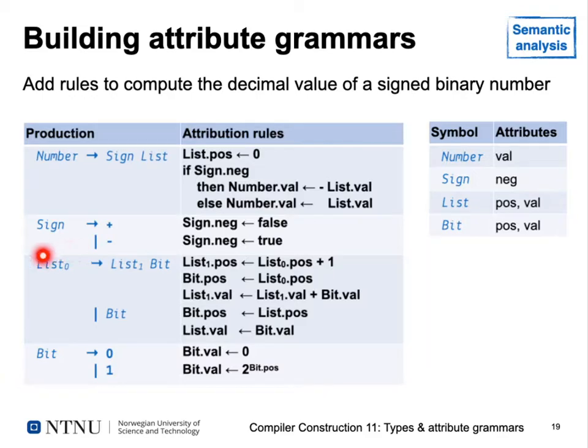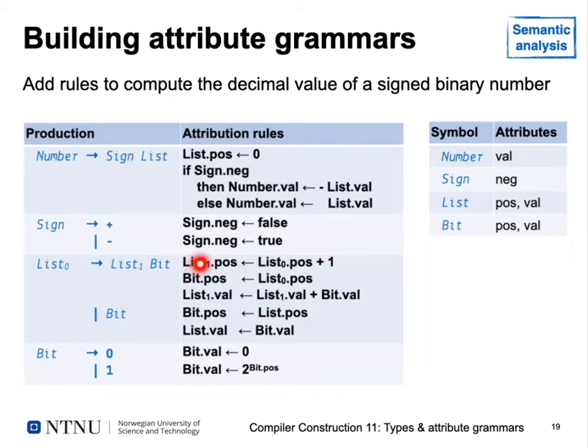Now for list, we have to do a recursion here. We implement list 0 and list 1 on the left and right hand side. They refer to the same non-terminal symbol, but they are used to indicate the left and right hand side of assignments. So if we have a production like this, we know we have a bit at the end and we get another element on the left hand side.